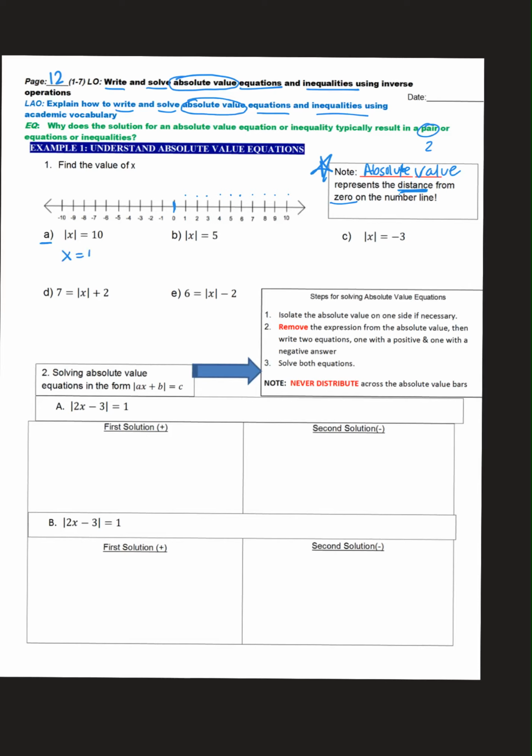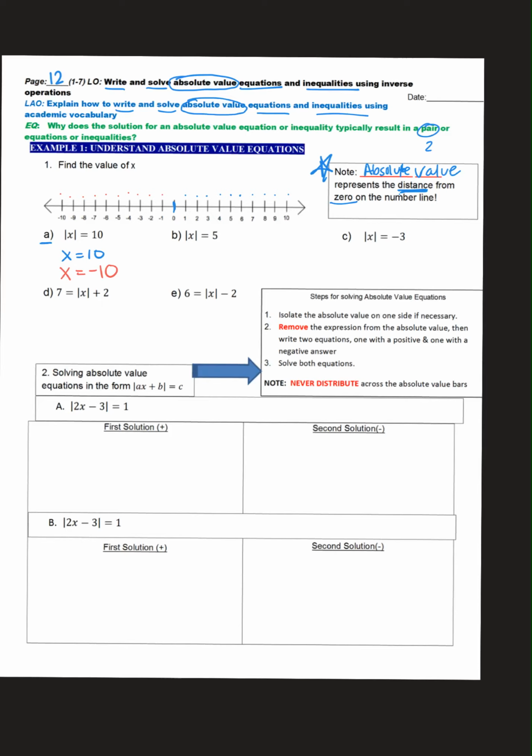So x equals 10. Now, is that the only answer? No, because there's a whole other side. There's a whole left side, which is also 10 spaces away. So if I go 10 spaces to the left, where do I end up? 1, 2, 3, 4, 5, 6, 7, 8, 9, 10. Oh, I end up at x equals -10.